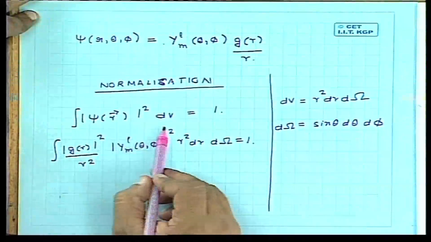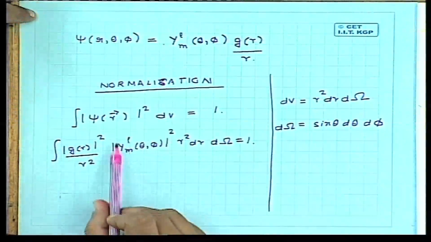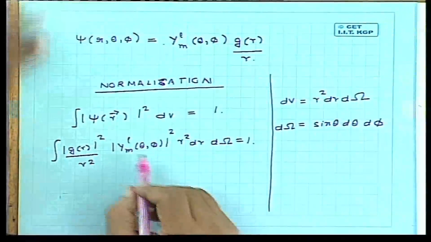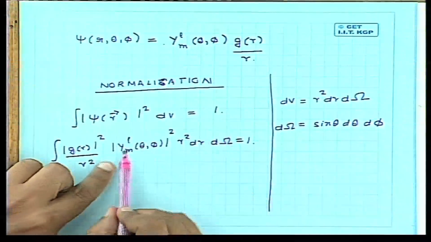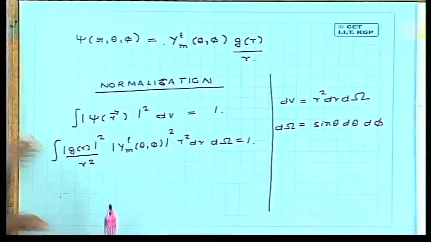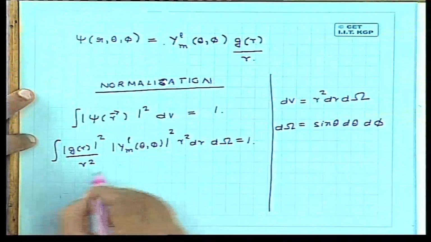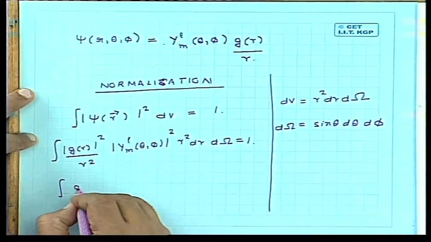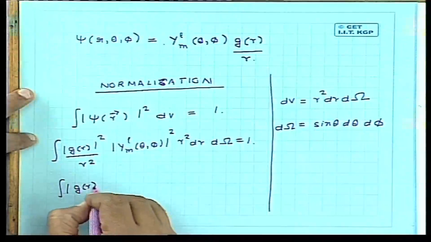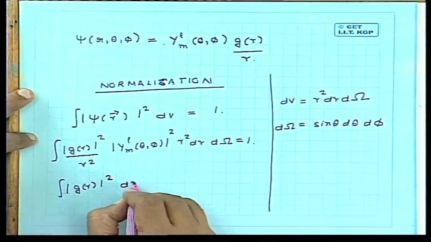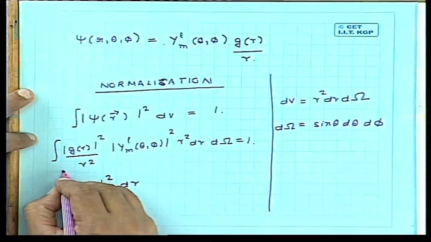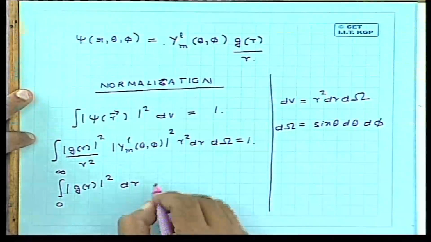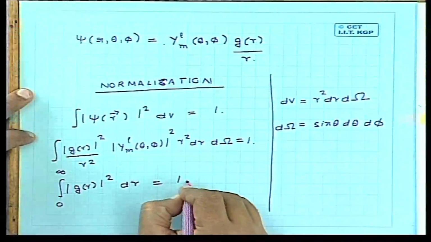Now we know that the spherical harmonics, the Y_lm functions, are normalized with respect to this integral over solid angle. So the integral over all solid angle of the mod square of Y_lm gives us 1. So the normalization condition for this function g is that the integral of the mod square of g dr from 0 to infinity, where the 1 by r squared cancels out with the r squared here, should be equal to 1.